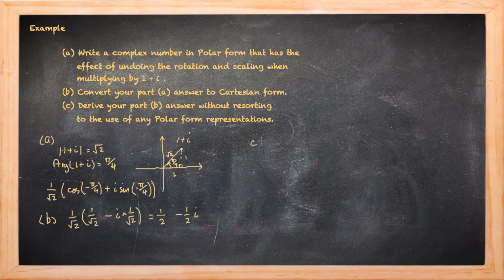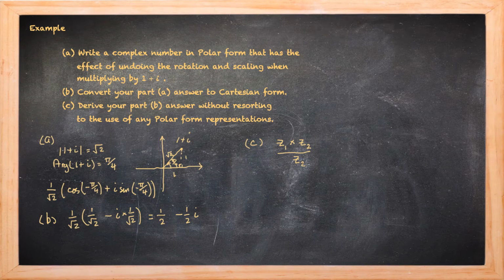So part C says, can we derive this result without going through this polar form step? So let's just think about this. We've got a complex number, say z1, and we multiply it by, say, z2, and we're wanting to undo that multiplying by z2. Well, we know that dividing by z2, these cancel, and we're left with z1.